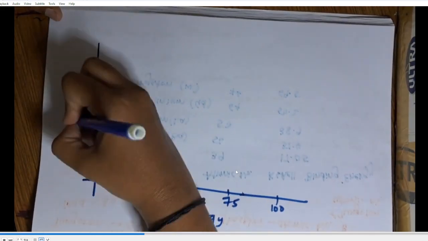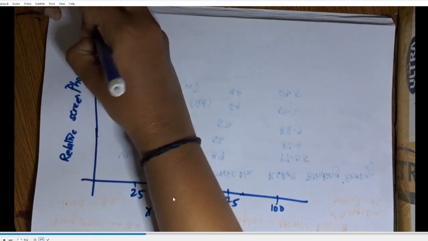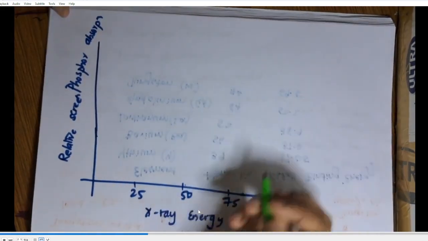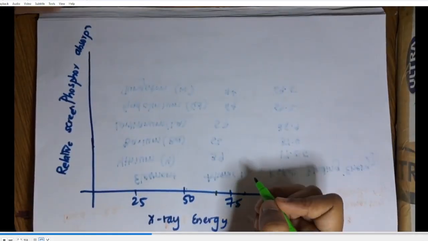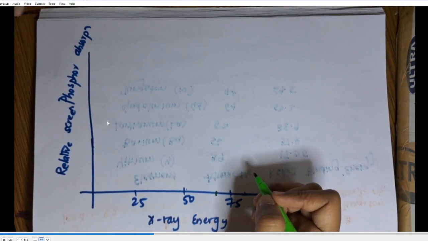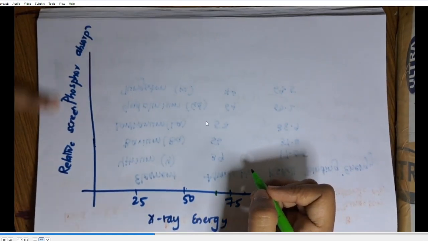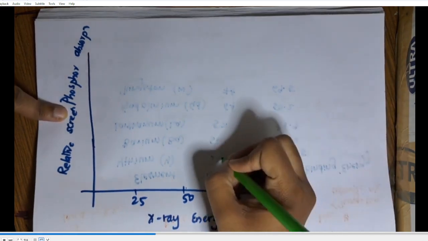Let us draw some graphs which tell us more. This graph shows approximate X-ray absorption as a function of X-ray photon energy, and the relative screen absorption of phosphor. This diagram approximates the X-ray absorption curve of the calcium tungstate screen.